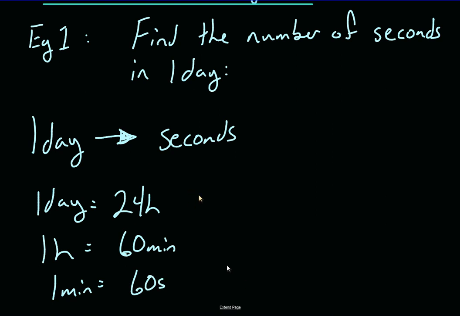Another way to say this, if you want, is to write it as ratios, essentially 1-to-1 ratios. 1 day is the equivalent of 24 hours, or there's 1 day per 24 hours, or 24 hours per 1 day.